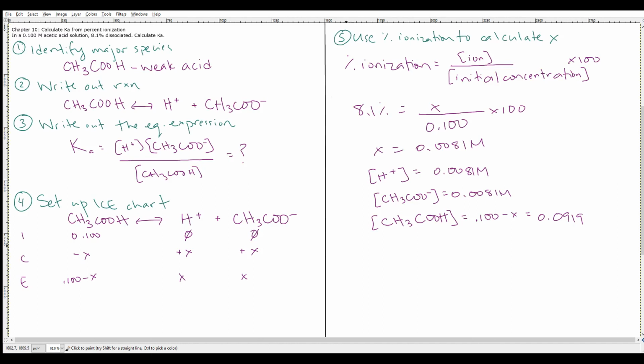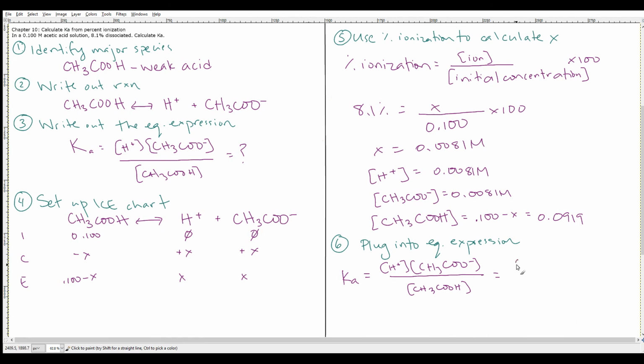So I'll move on to my last step, which is to actually plug these into my equilibrium expression. I know that Ka is equal to the hydrogen ion concentration times the CH3COO minus concentration over my acetic acid concentration.